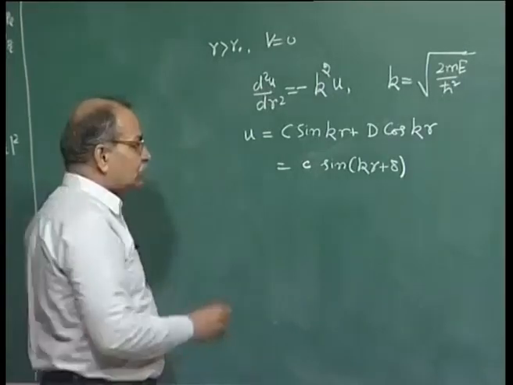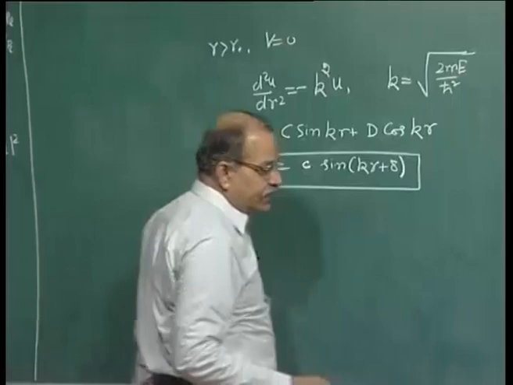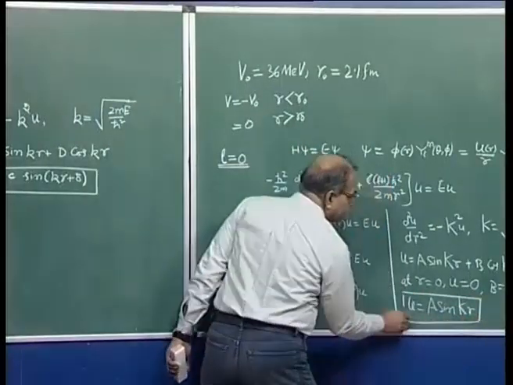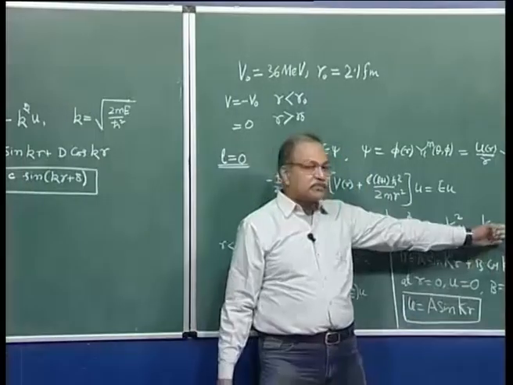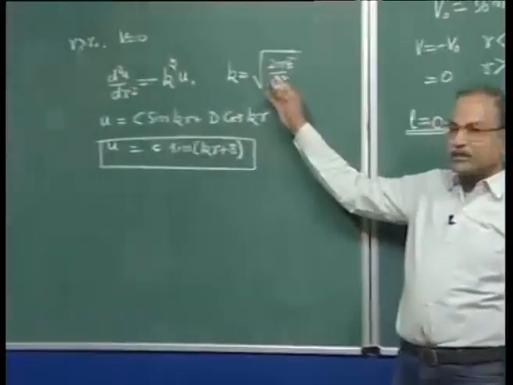So, outside it will be this and inside it will be this, where capital K is given by this expression and small k is given by this expression.